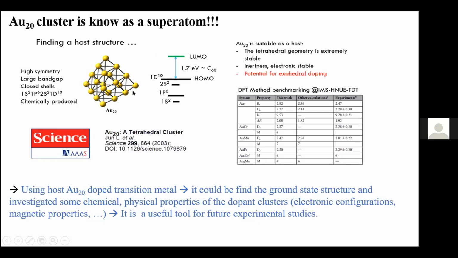And this characteristic of Au20 is considered as a superatom and forming a host structure, substitutable as a host. Because of the parameter of its geometry, it's extremely stable, with an electrolytic stable potential for heteroatom doping.